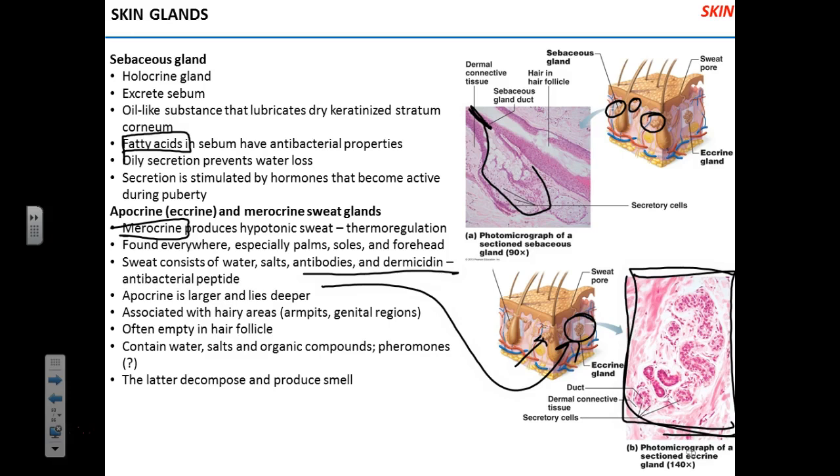Parts of them are released, okay, parts of them are sort of chopped off, and not only water and sodium chloride, but also all the organic content of the cell gets on the surface of the skin. Does that make sense? Good. That organic content of the cell then is consumed by the microbes that live on your skin, and the products of that metabolism is what makes the smell.